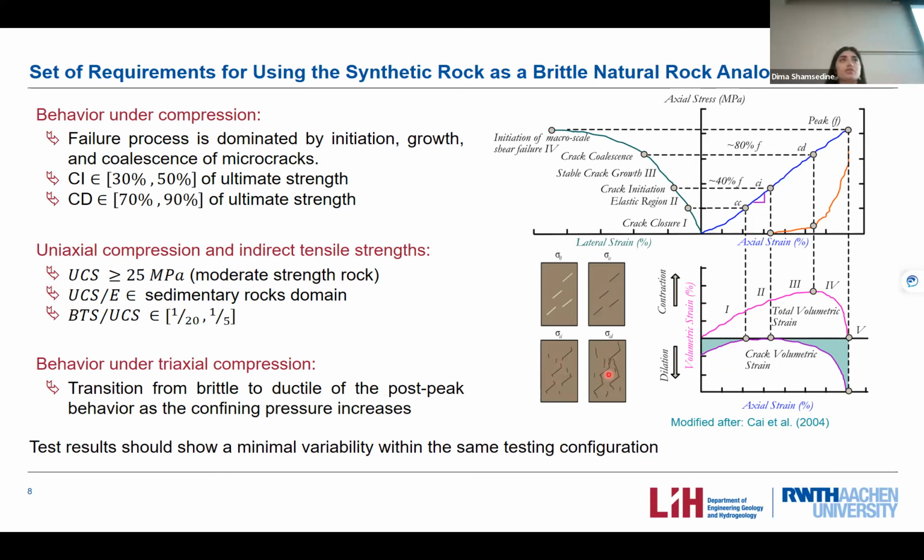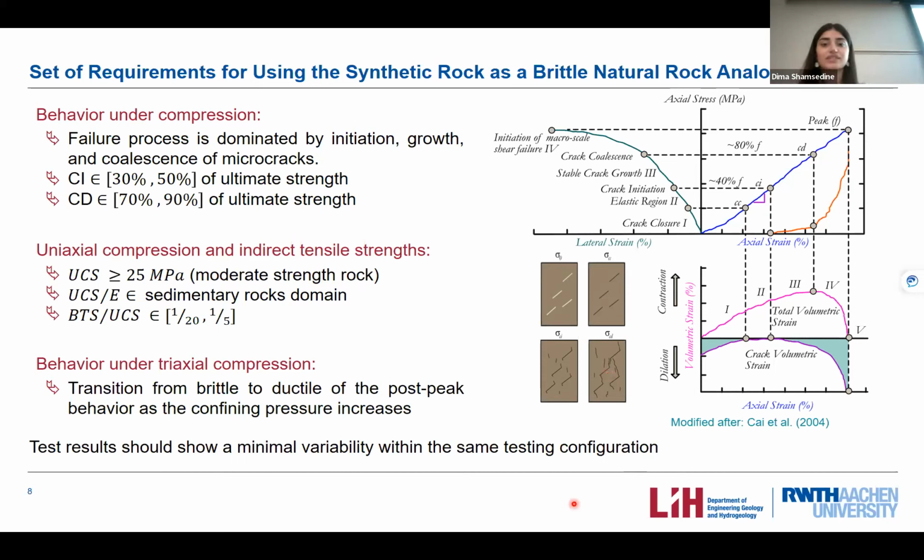At this threshold, after further increasing the axial load, we will no longer have stable crack growth. All the cracks will coalesce and combine to form macro cracks, visible cracks at the end of the test. After that, we will have unstable crack growth until reaching the UCS point, the peak point at which the sample will fail.